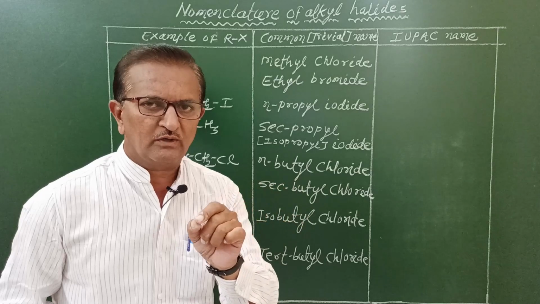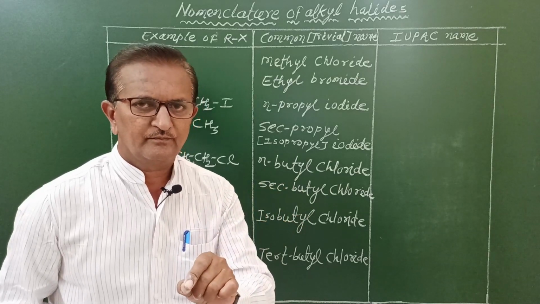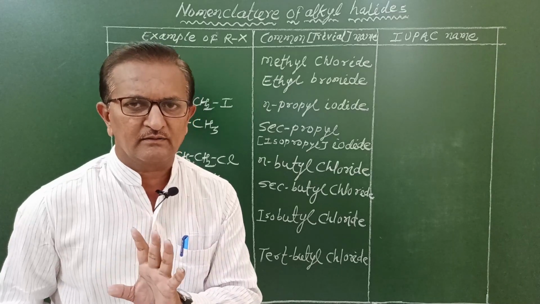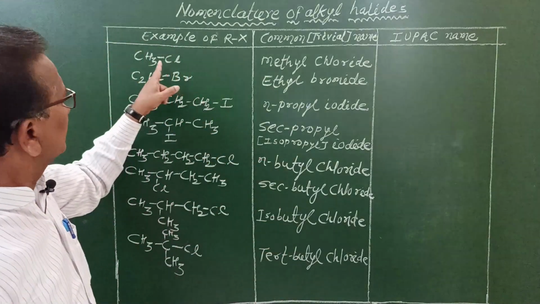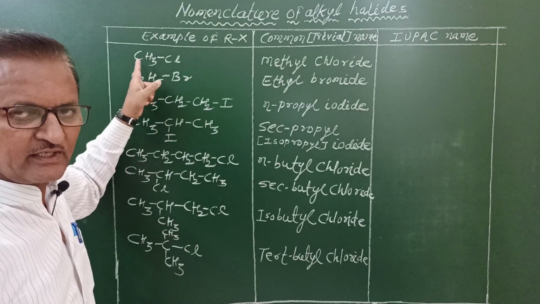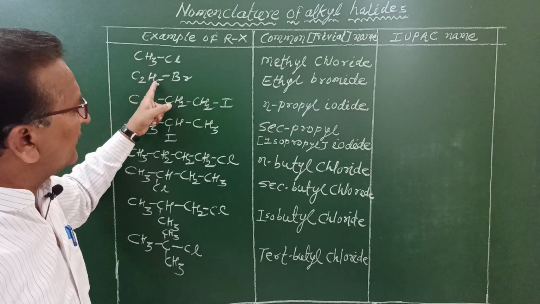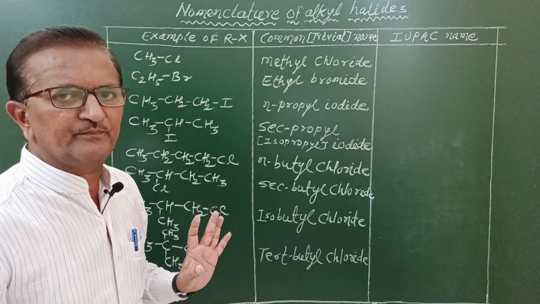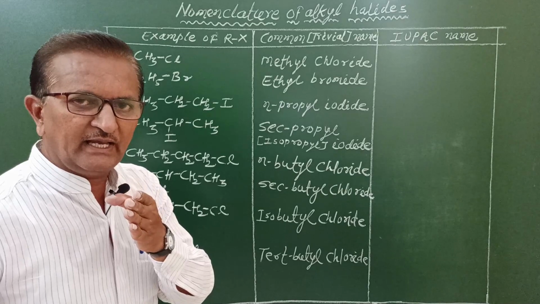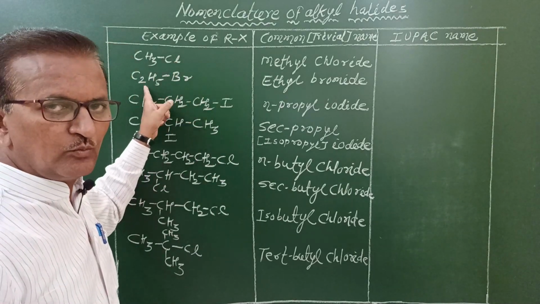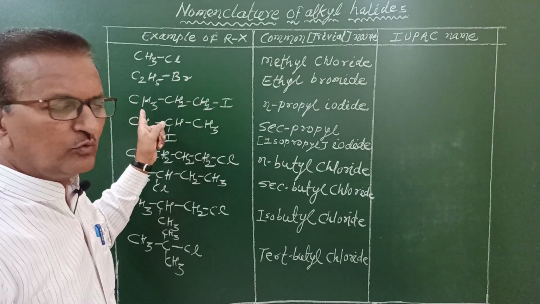The IUPAC name of an alkyl halide containing 1 or 2 carbon atoms is represented as haloalkane. Here halo: if there is chlorine, chloro; bromine, bromo; iodine, iodo.